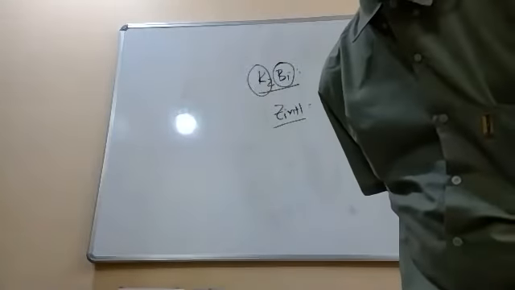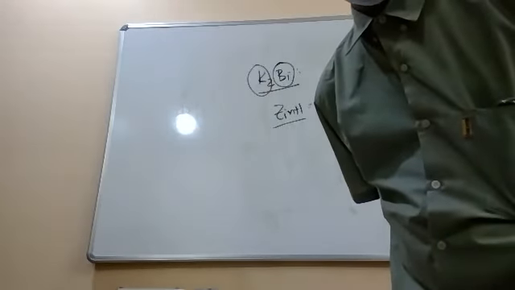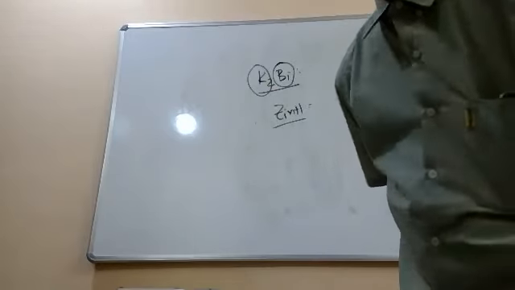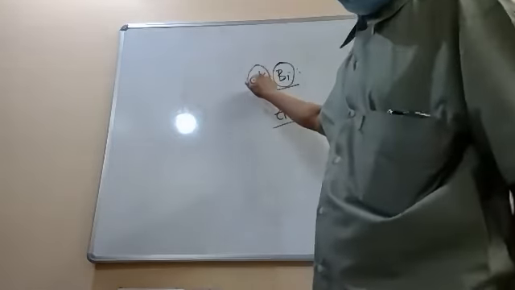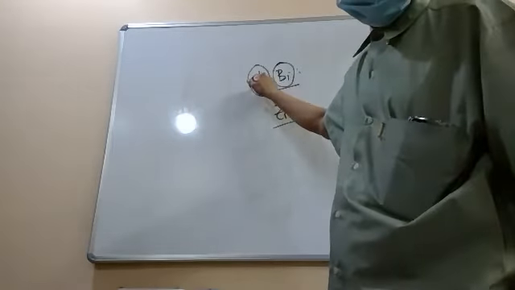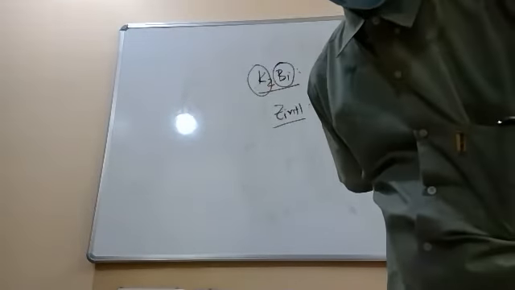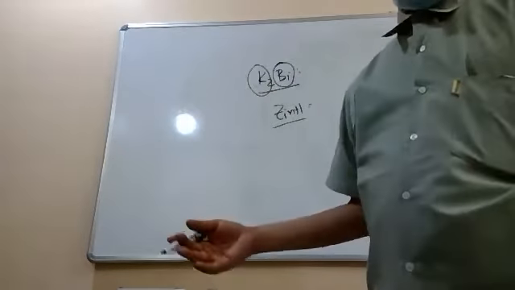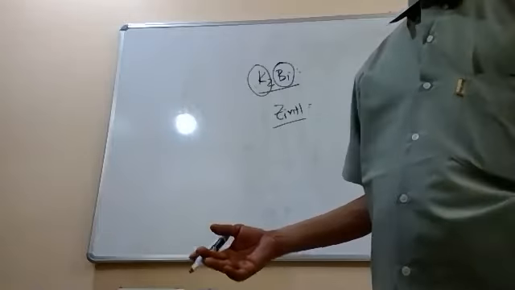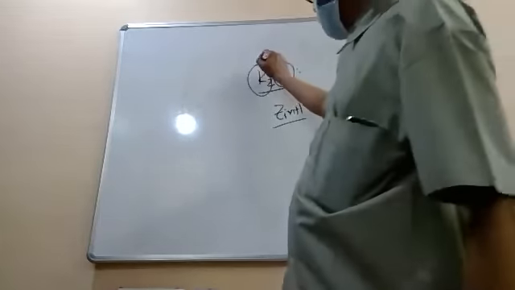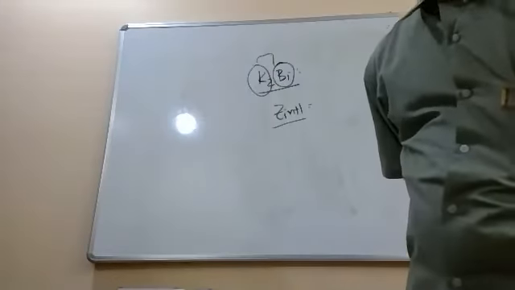It's a p-block metal. These are basically called main group metals. So when you have an alkali metal, which is highly electropositive, and bismuth, which is highly electronegative, although both are metals, that combination always gives you a zintal.